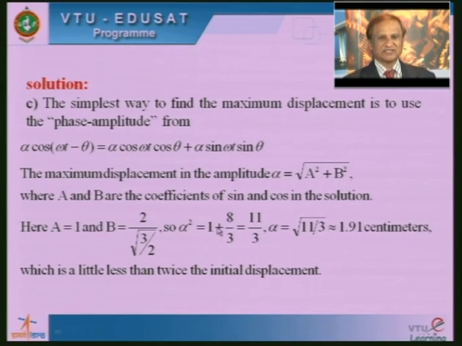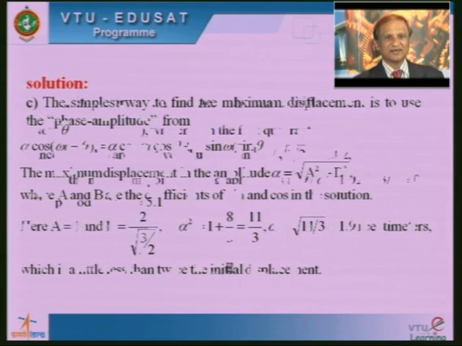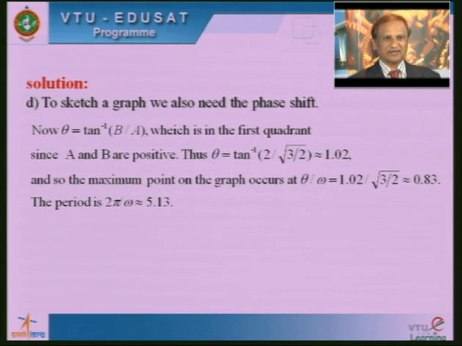So alpha squared is equal to 1 plus 8 by 3, that is 11 by 3, so alpha is the square root of 11 by 3, or approximately 1.91 centimeters. Is it clear? This is a little less than twice the initial displacement, right.